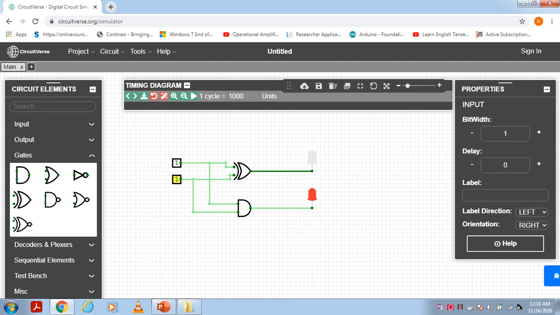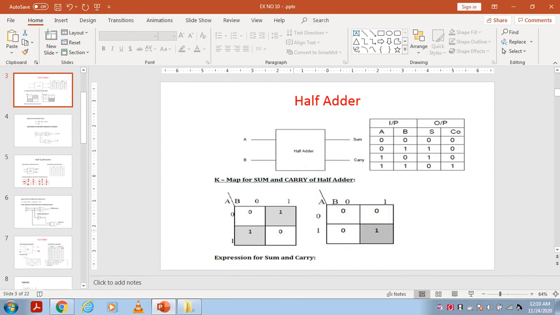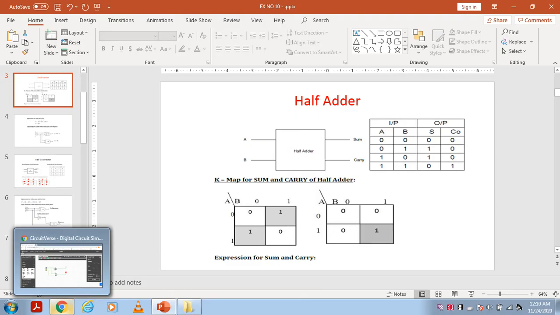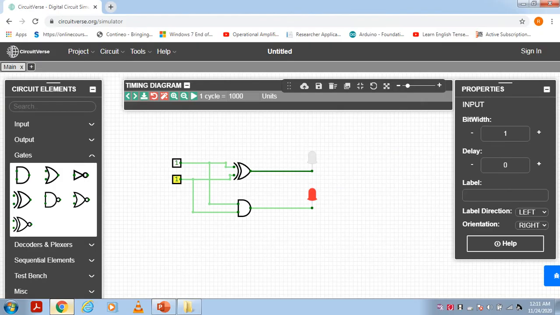That means in the truth table, if any one of the input is high, sum is 1. If both the inputs are high, then sum is 0 and carry is 1. Okay. So this is the verification of the half adder circuit.